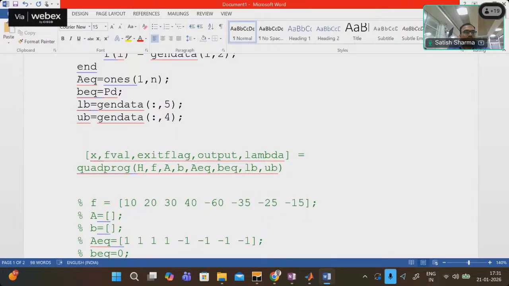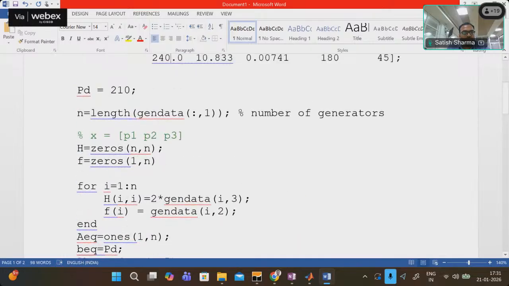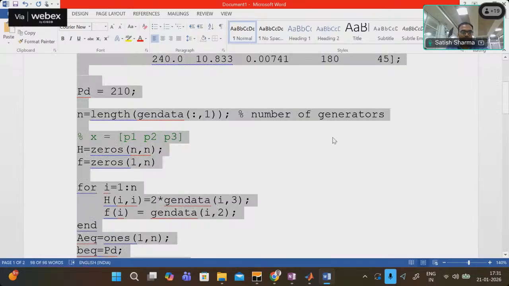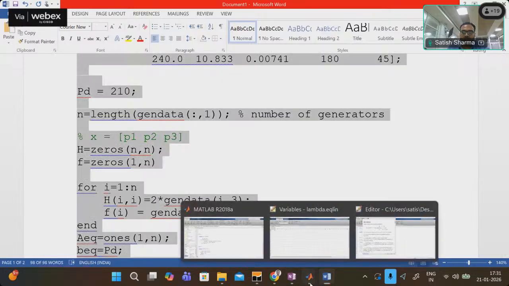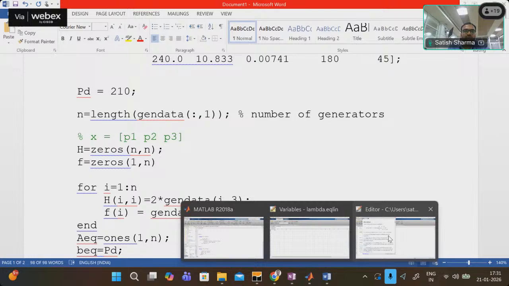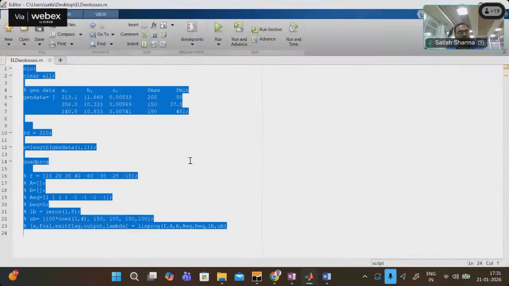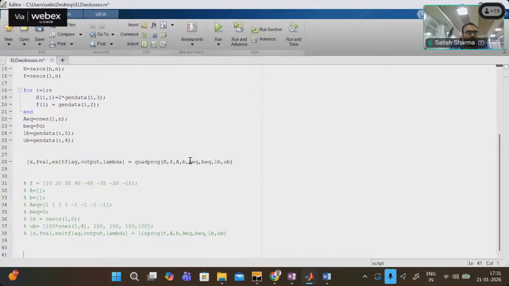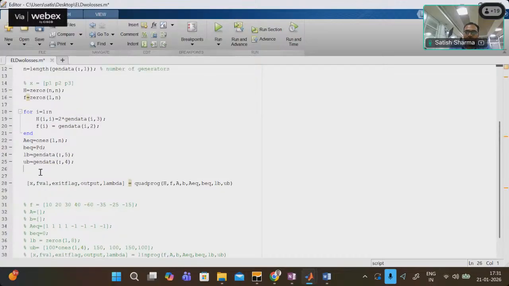So everything is defined, and we can solve it now. I will copy paste everything there. Anything else needed? I think no. Control A, Control C, and I will put it in MATLAB. So Control A, Control V. You can see this is how it looks.